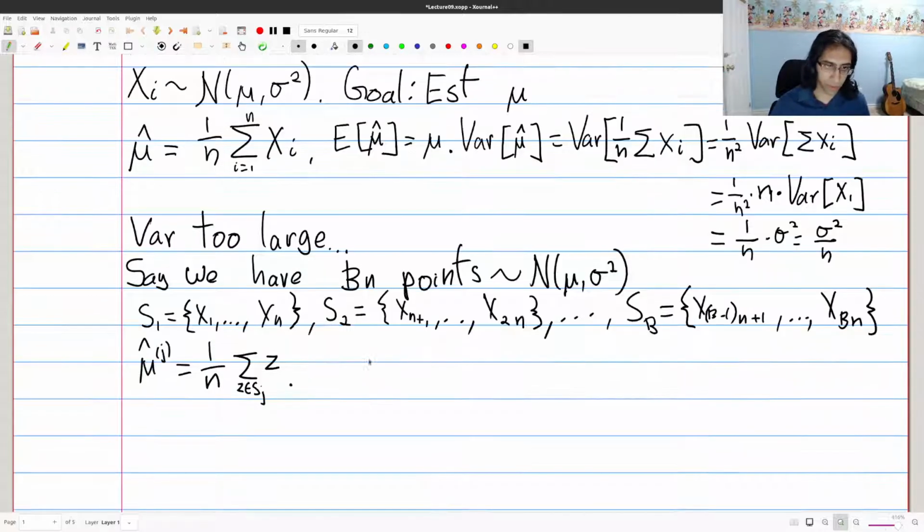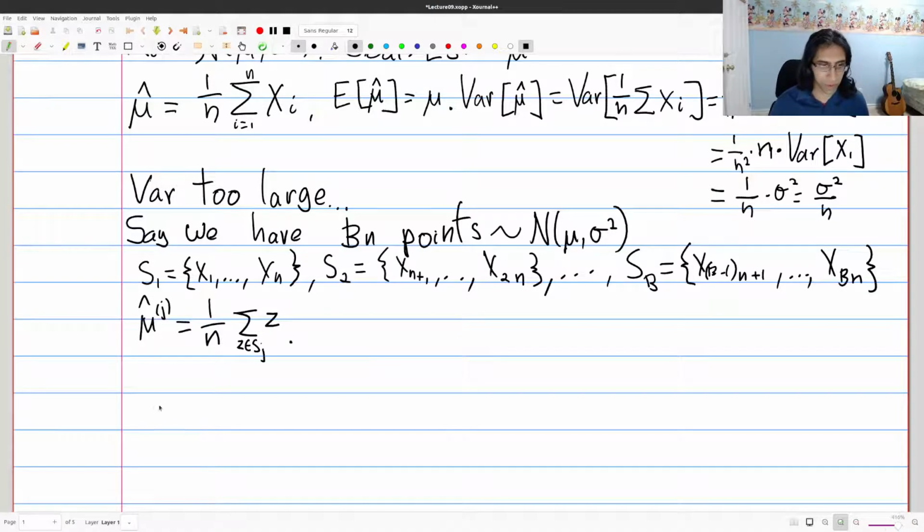Now we're going to compute a bunch of different ones, and what we can do after all of this is just average all of these estimates we had. So we can say mu hat average is equal to the average over these different sets, mu sub j hat. Yeah, and we just average them.